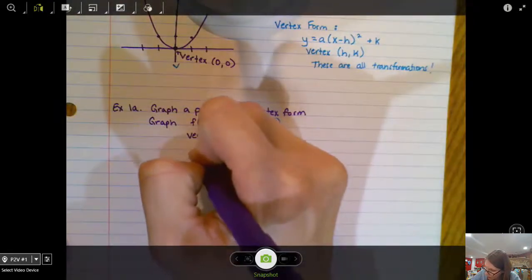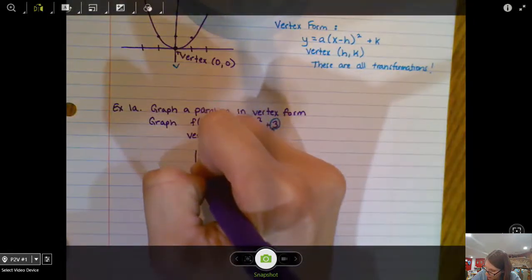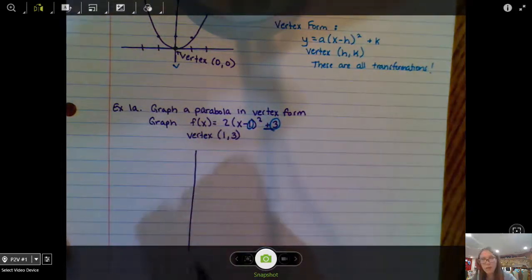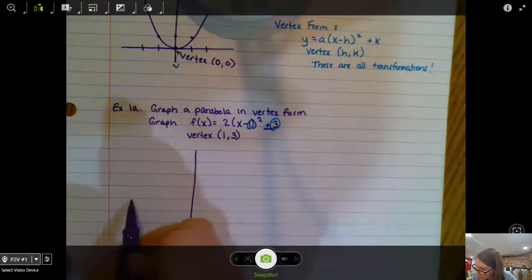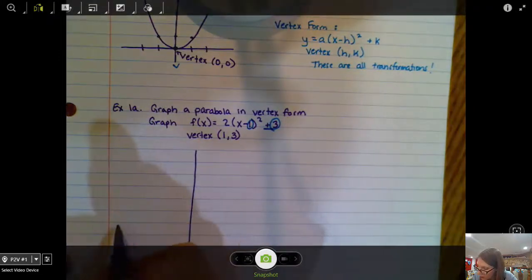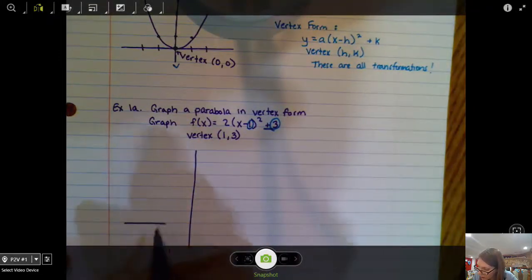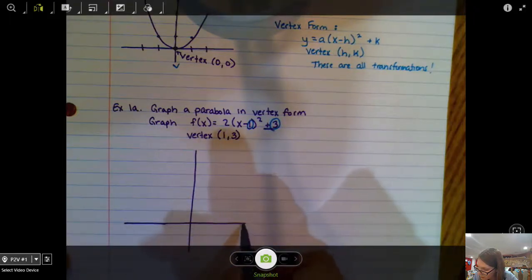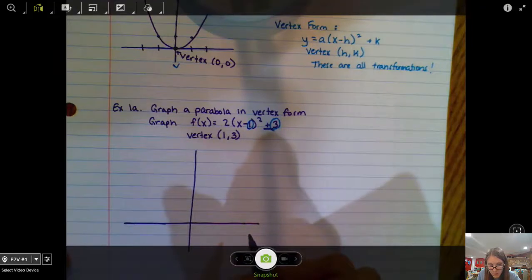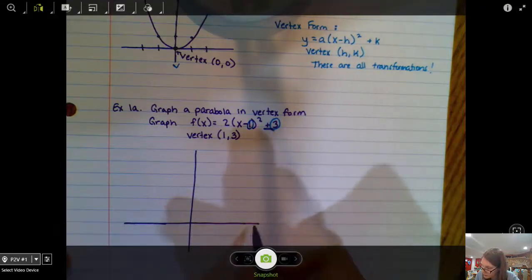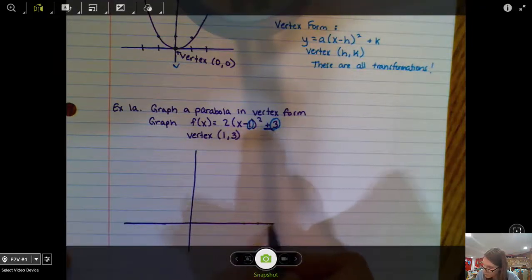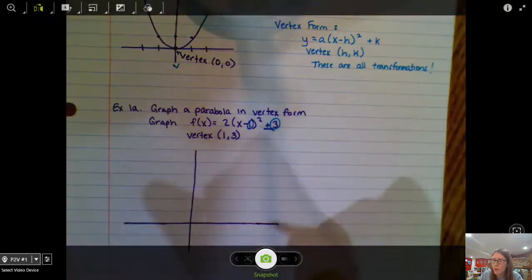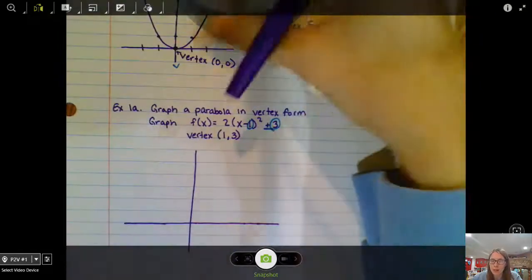All right. Now, when we graphed our transformations of our parabolas before, we made our table for the parent function and then changed all of our x and y values accordingly. I'm going to show you guys another little trick that we can use in order to graph our parabolas.